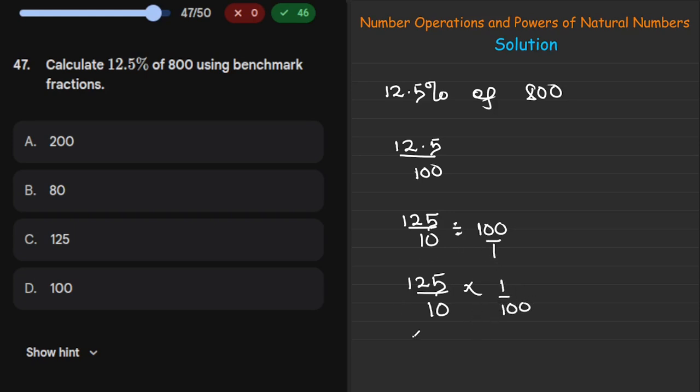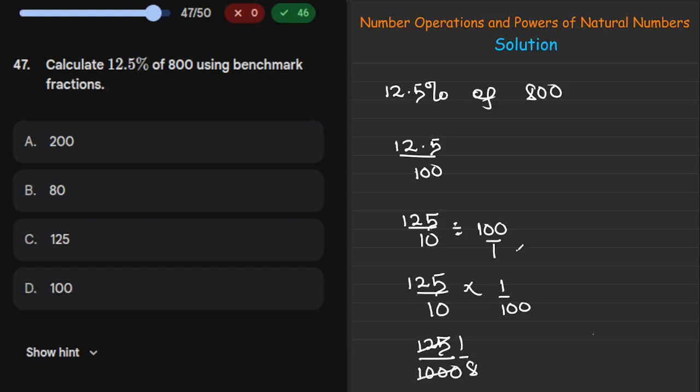Easy. Then with that, we are going to get 125 over 1,000. We know 125 divides itself once, then divides 1,000 8 times.